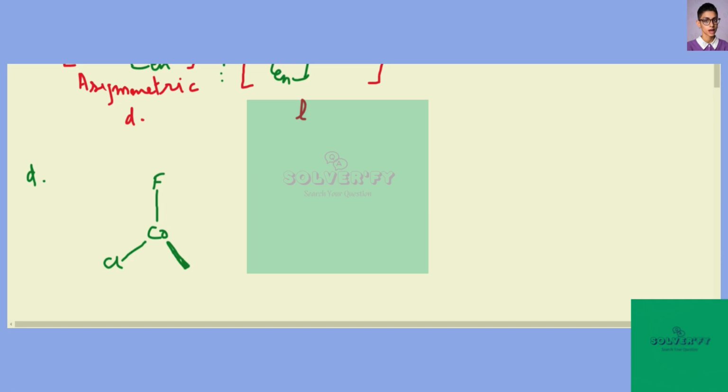Suppose this one is Br, and one should be below the plane, and suppose it is I. Now in case of tetrahedral geometry, when all the four bonds are different, then what happens? It is an asymmetric molecule.